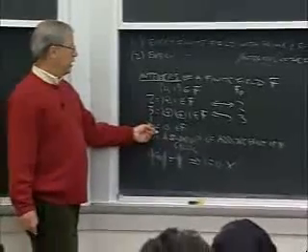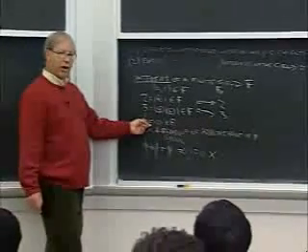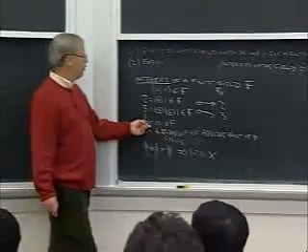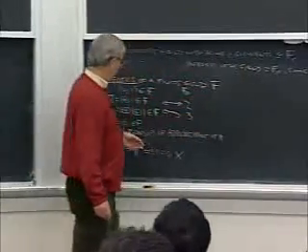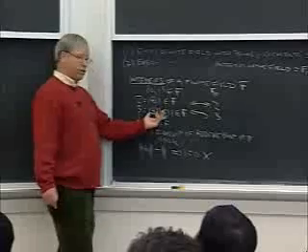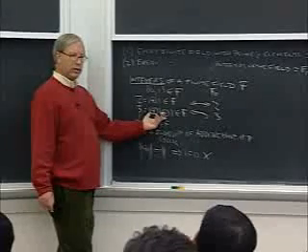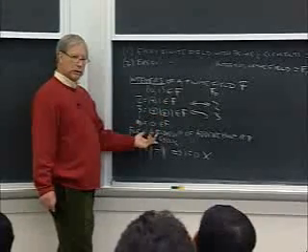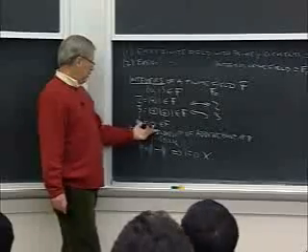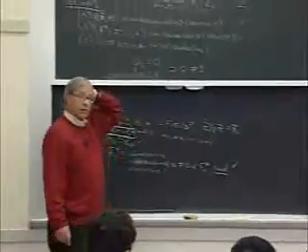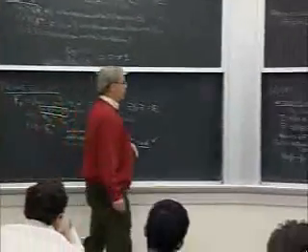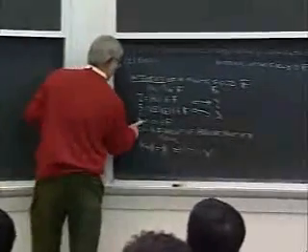Now, could n be a non-prime? No, because this is a field. And if n were non-prime, then we would be able to find two integers that multiplied together gave 0. And that's forbidden by the axioms of a field. So the only possibility is that n is a prime.